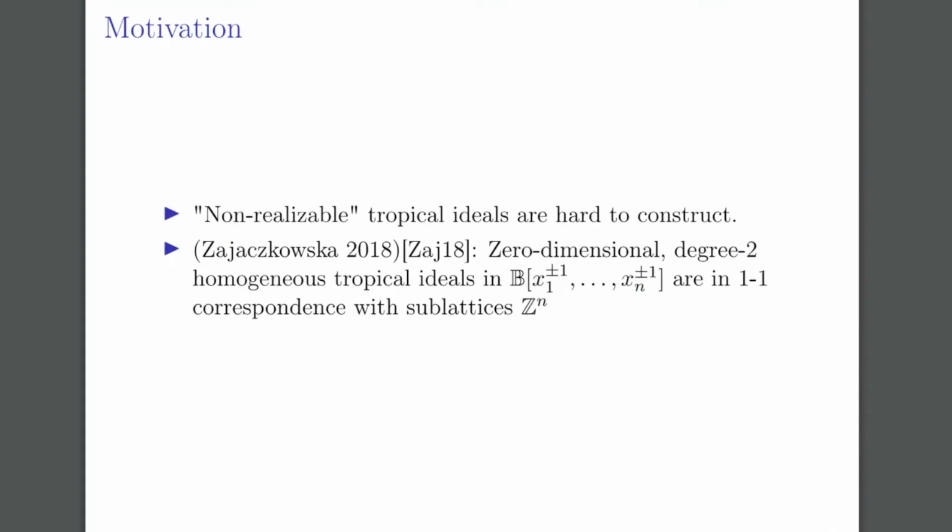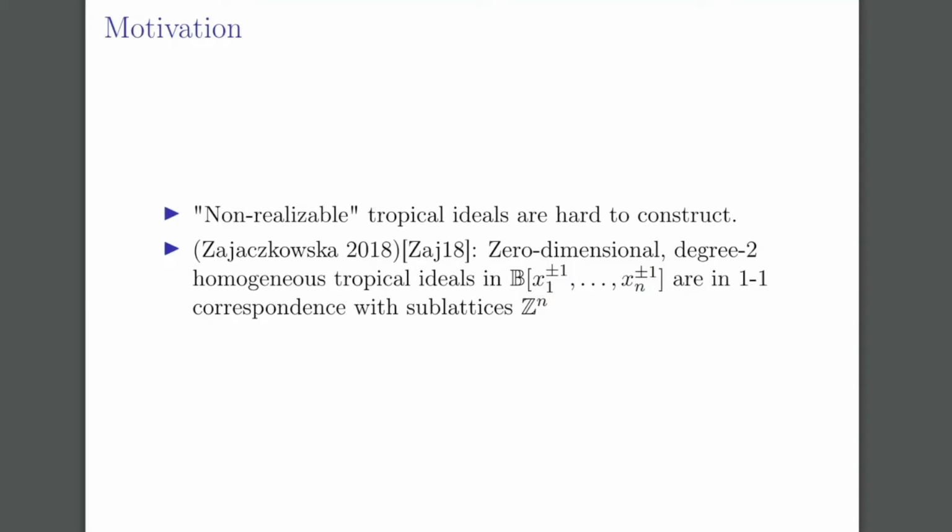So there's something really nice about these tropical ideals that gives them this nice sublattice correspondence. And so these are the two things that motivate this paper. Tropical ideals are hard to construct, and there's some beautiful correspondence with sublattices, so some group theory going on here. These are our motivations.